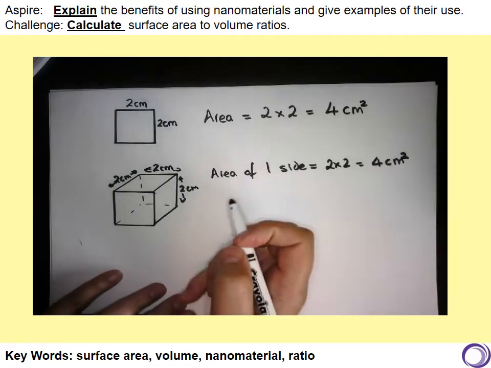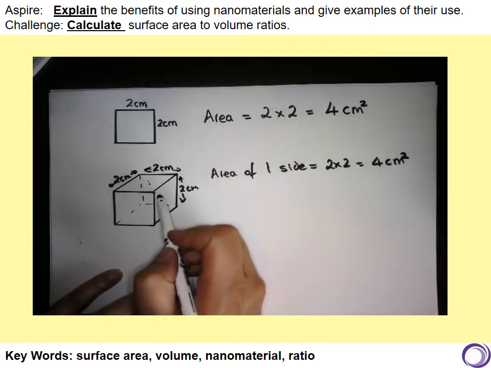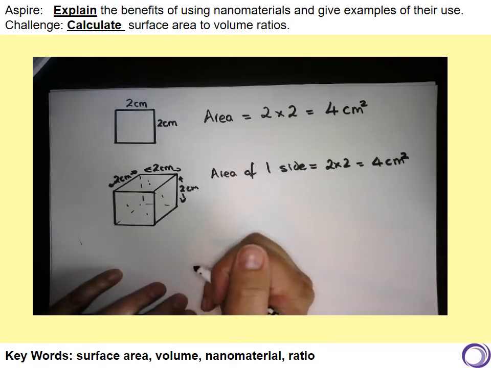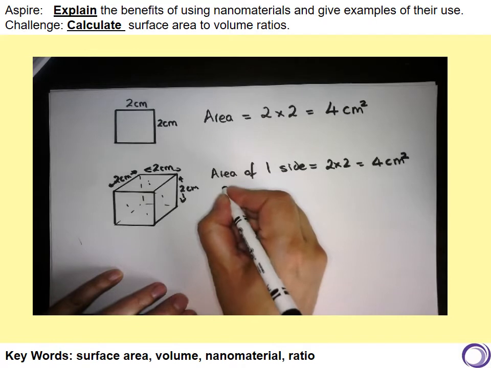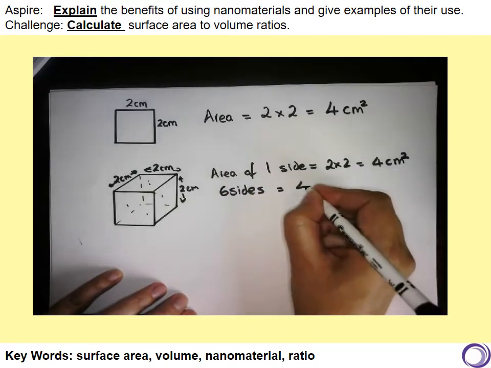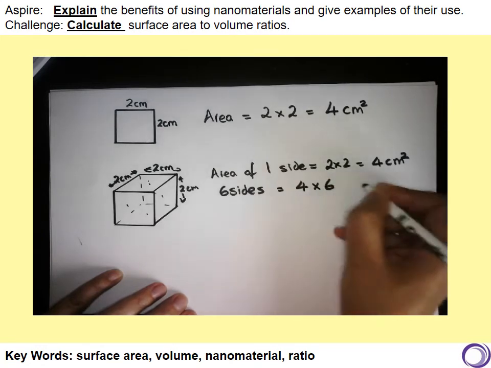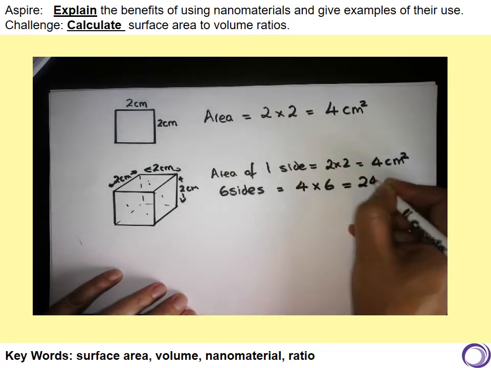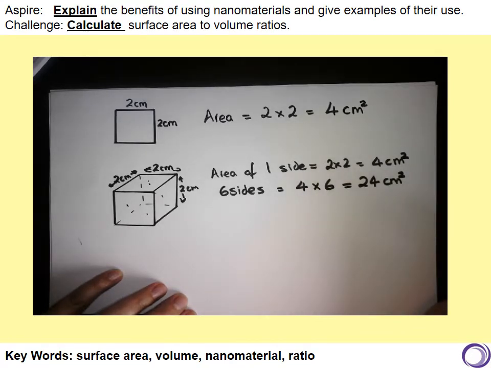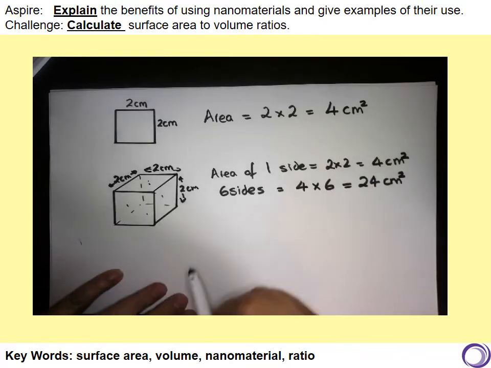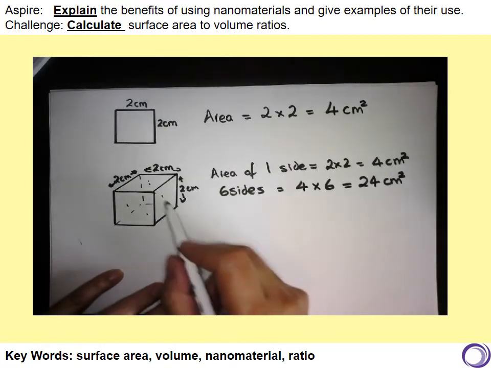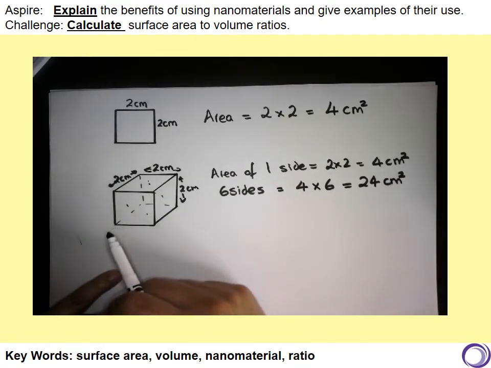But we need to remember that this time we have 1, 2, 3, 4, 5, 6 sides. So 6 sides, and this equals 4 times 6, which will be 24 centimetres squared. So that would be how we worked out the surface area for the cube. We work out the area of one side and then we add that together for each of the 6 sides.